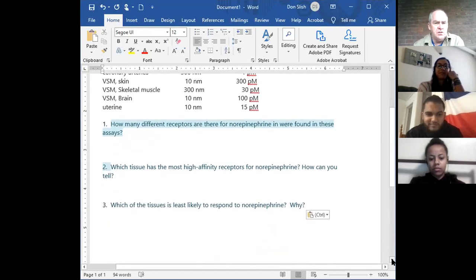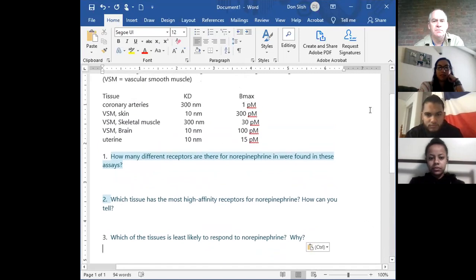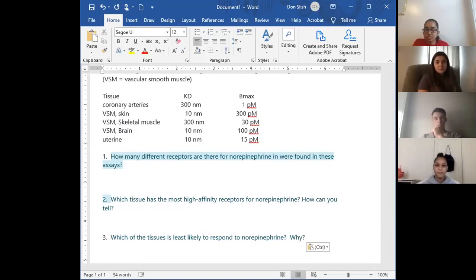Which of the tissues is least likely to respond to norepinephrine and why? And when I say why, it's based on these numbers, not based on the physiology of the tissue. Matt Gamelin.